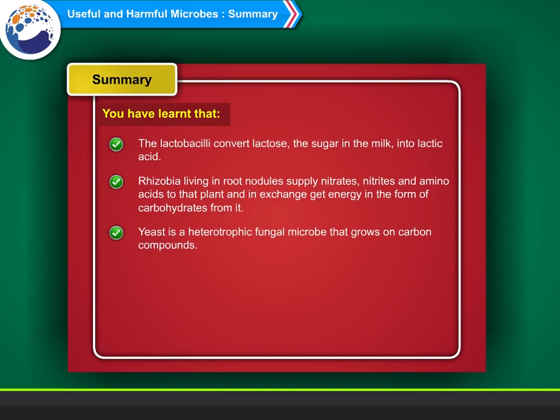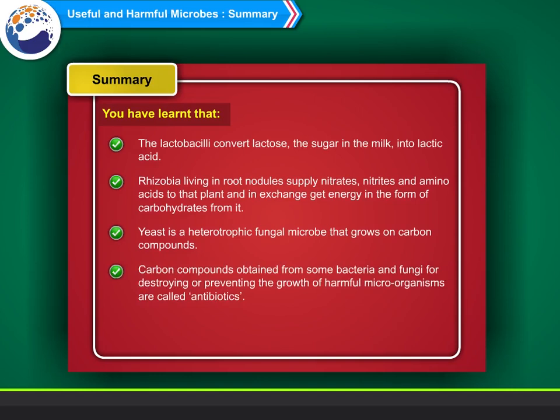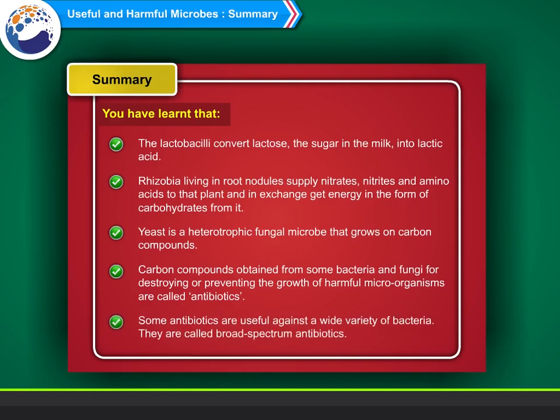Yeast is a heterotrophic fungal microbe that grows on carbon compounds. Carbon compounds obtained from some bacteria and fungi for destroying or preventing the growth of harmful microorganisms are called antibiotics. Some antibiotics are useful against a wide variety of bacteria. They are called broad-spectrum antibiotics.